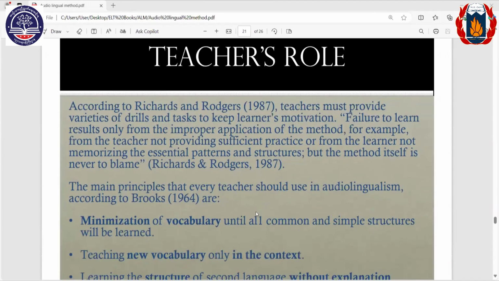Richards and Rogers stated that the teacher must provide a variety of drills and tasks to give the learners motivation. They also continued that if there is failure, it can result from improper application of the method, not providing sufficient practice to the learner.